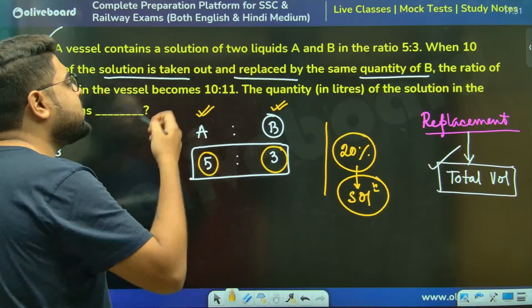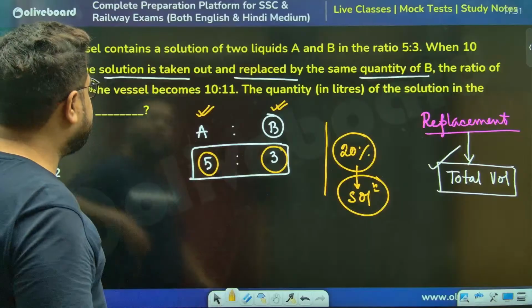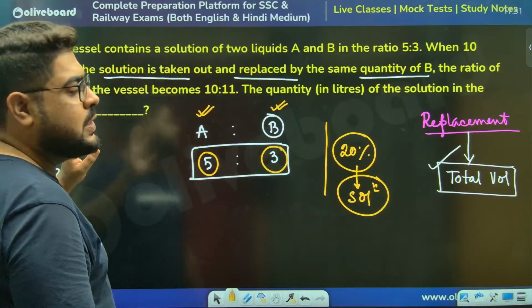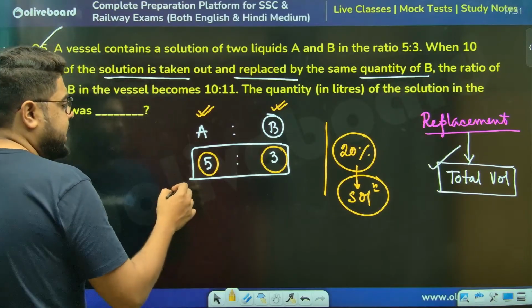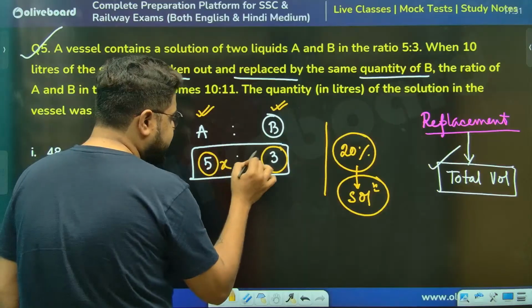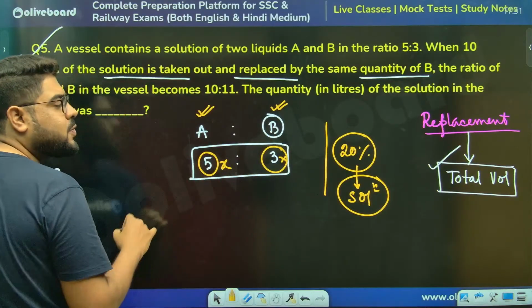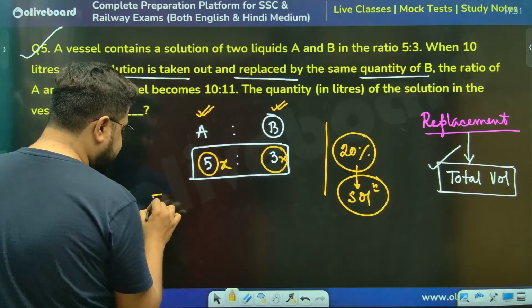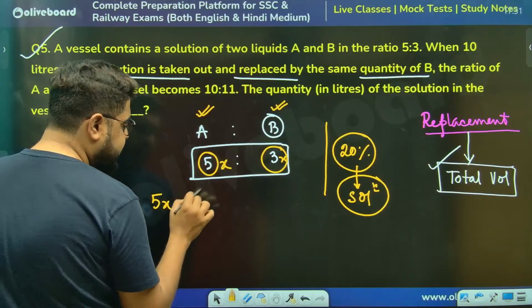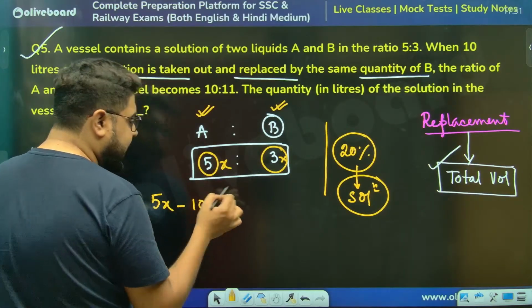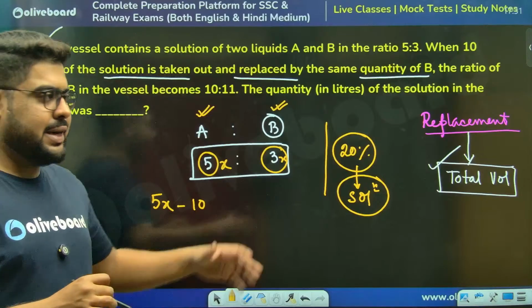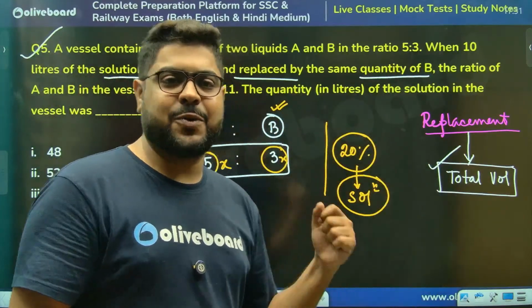So whatever the quantity was, say it was 5x liters of A and 3x liters of B, the quantity will now be 5x minus what was in the 10 liters I have taken out.